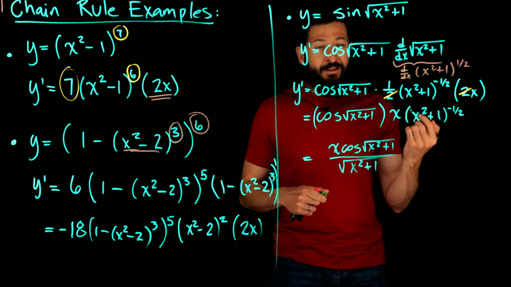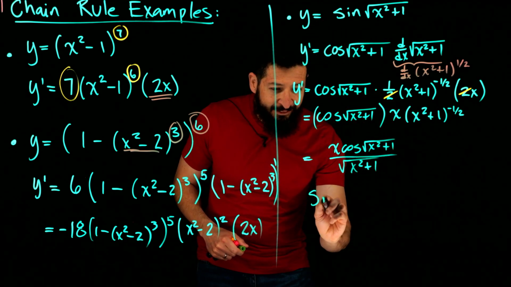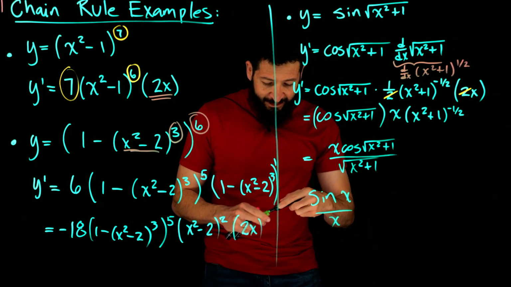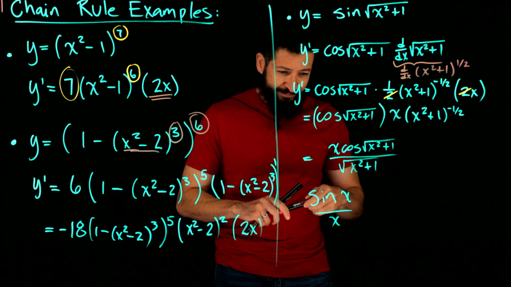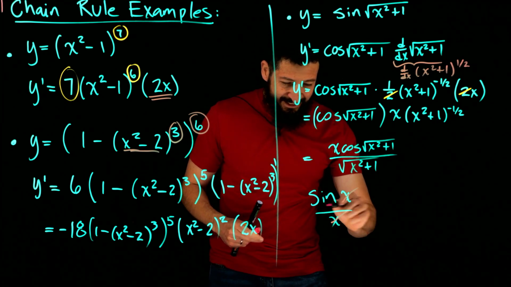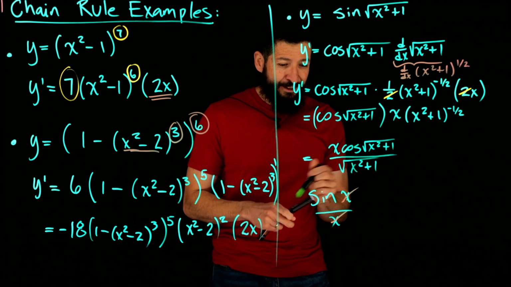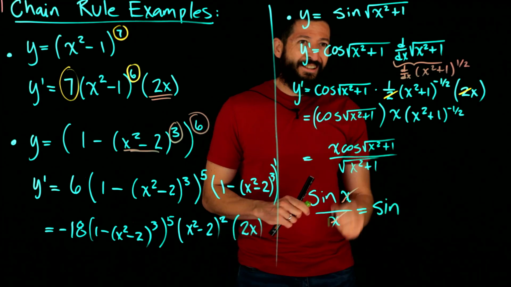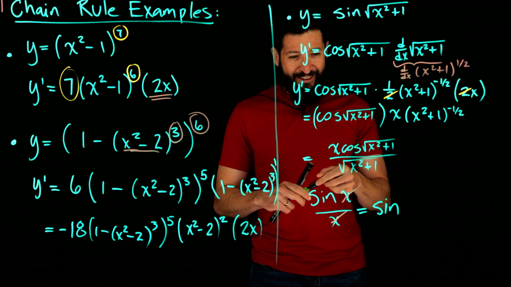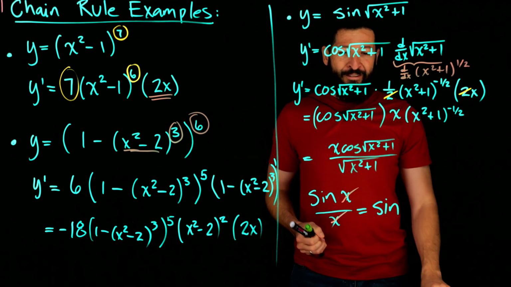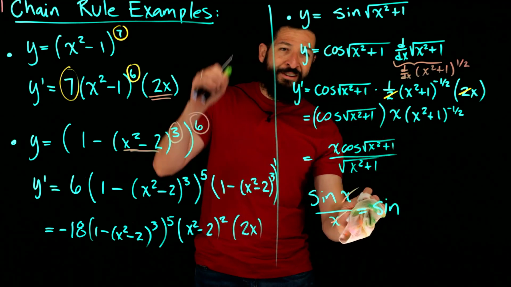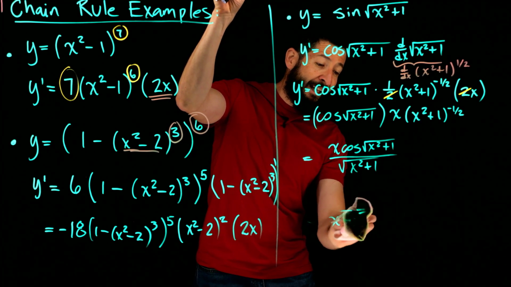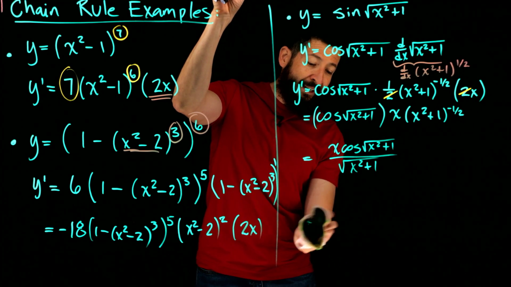And I'm going to remind you one thing, that if you have the sine of x and you divide by x, if you cancel that, you can't, but what you get is a mathematical sin. So don't be a sinner. Don't cancel things that are inside of the trigonometric functions, because you're basically just evaluating the function at that value, not multiplying times the value.